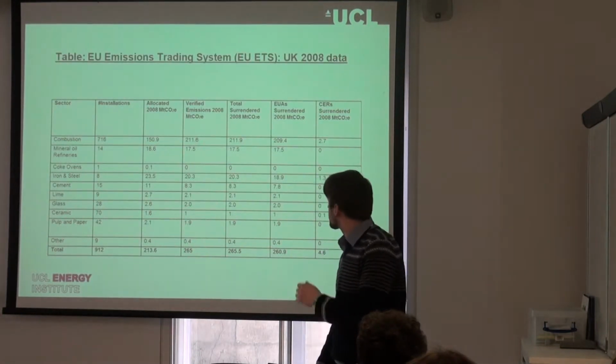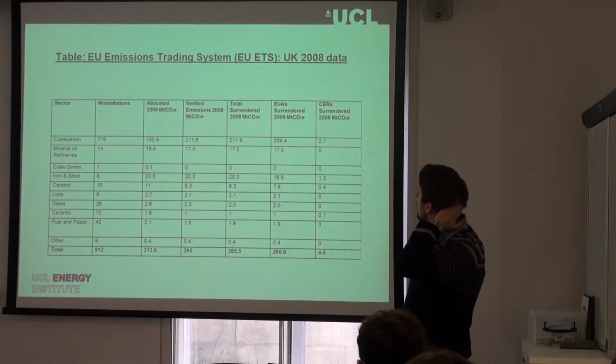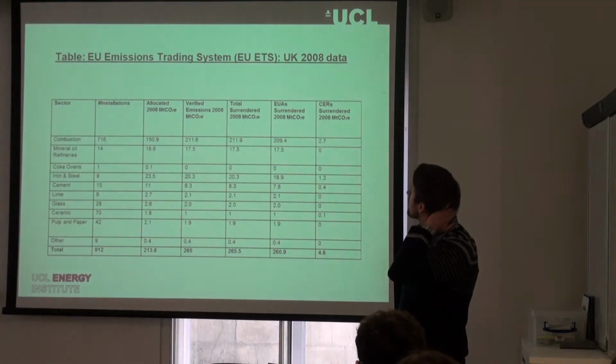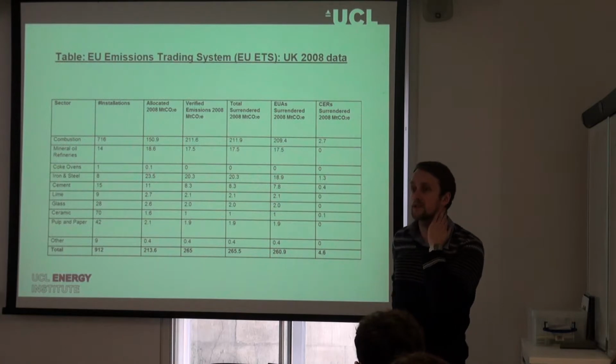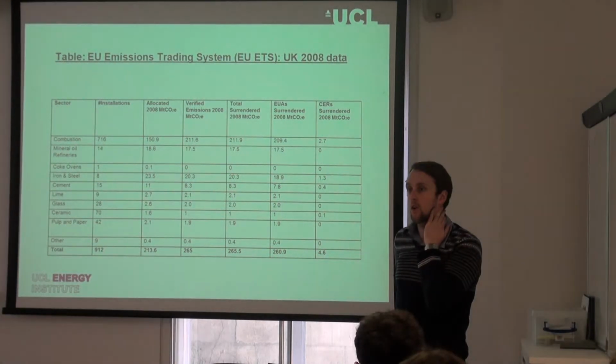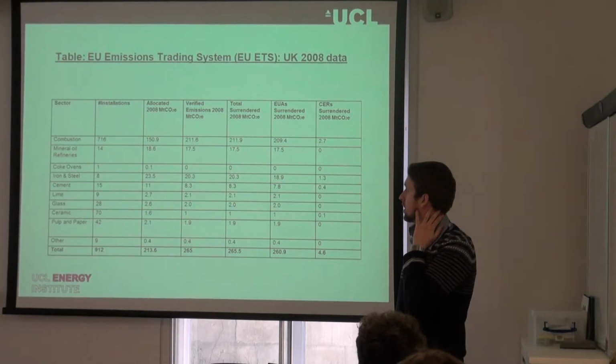So this was the allocated emissions of the EU ETS. As you can see, combustion installations have the most emissions allocated to them.